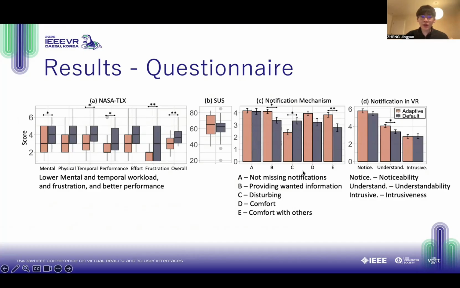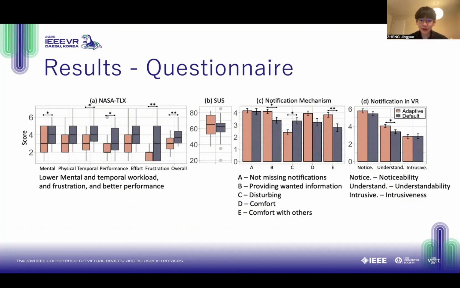For the results, we reported the NASA-TLX, the notification mechanism, and notification in virtuality questionnaires in this slide. As you can see in subfigure A, the adaptive notification system caused lower mental and temporal workloads and frustration, and users considered it to have better performance compared to the default notification system.